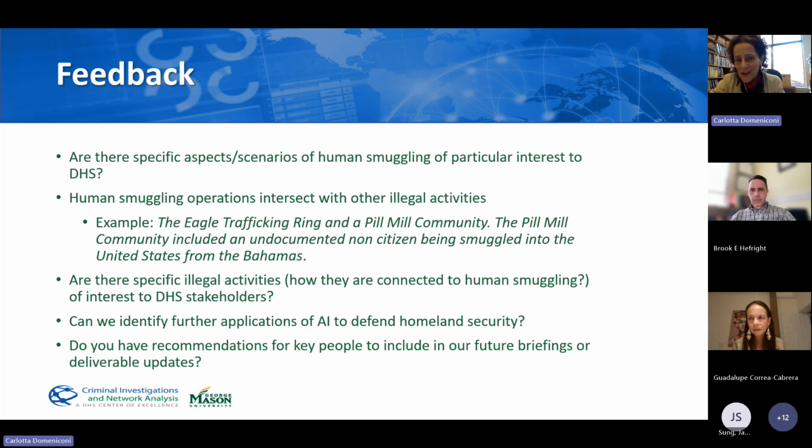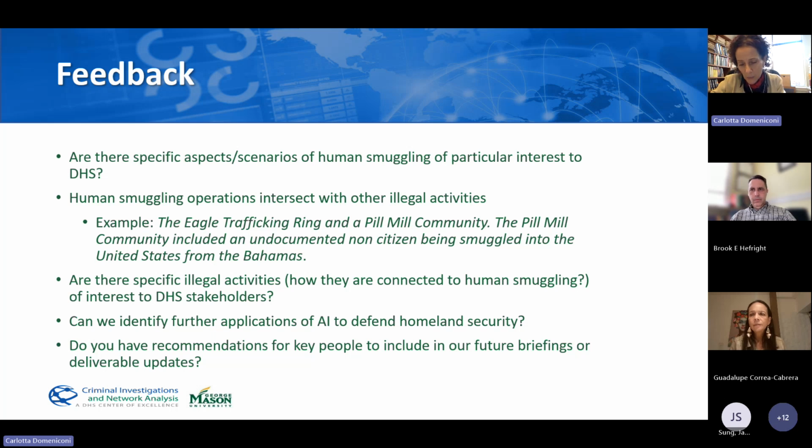Actually, one of the feedback items that I wanted to solicit from the DHS stakeholders is whether you guys are also interested in specific networks which may intersect with human smuggling.